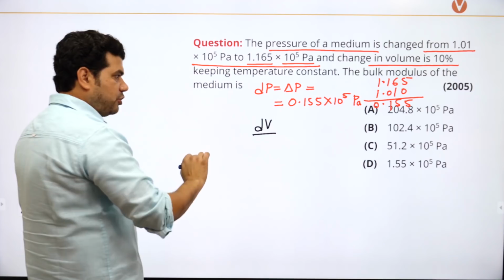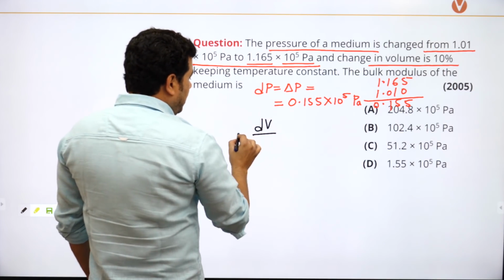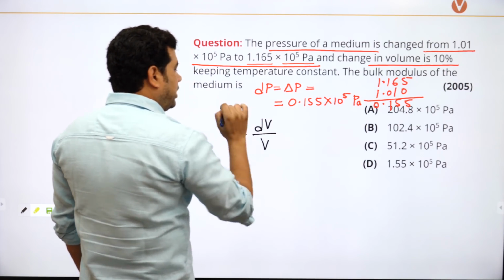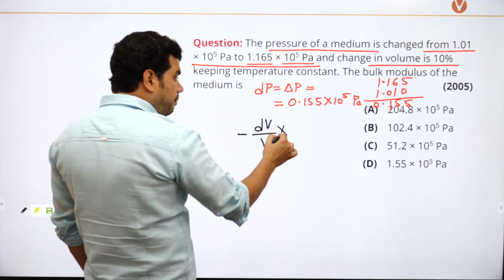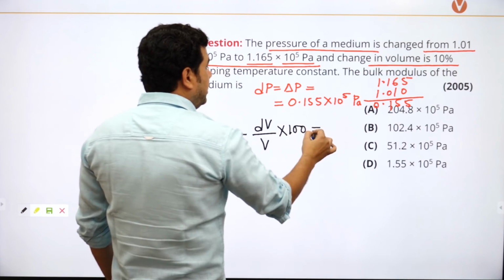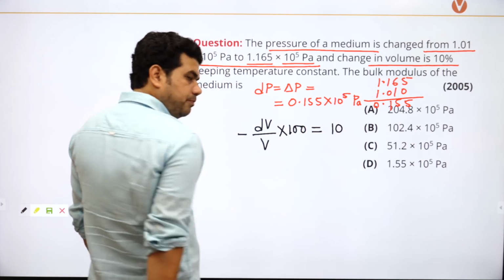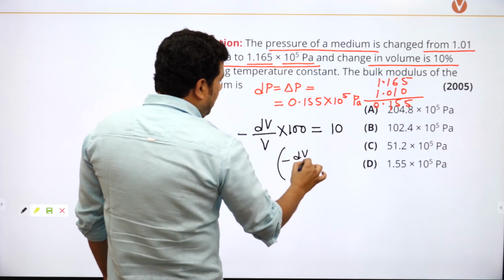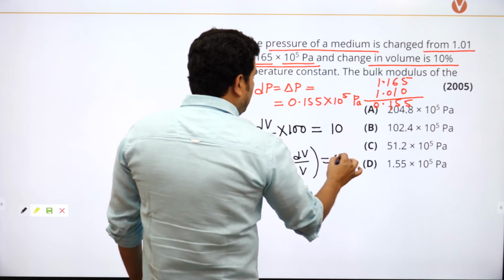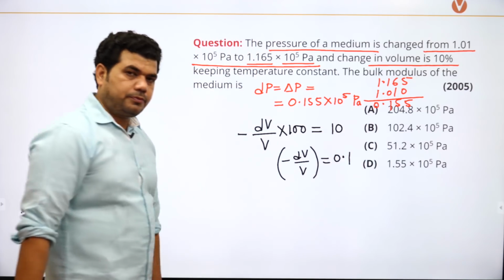Yes, we are increasing the pressure. So when we increase the pressure, the volume will decrease. So volumetric strain is this. Change in volume in percent, multiplied by 100, that is given as 10. So here we can say minus dV upon V is equal to 0.1.